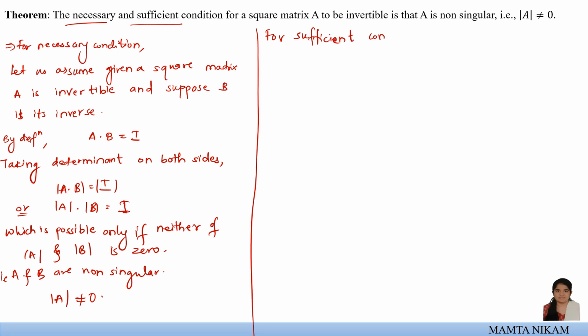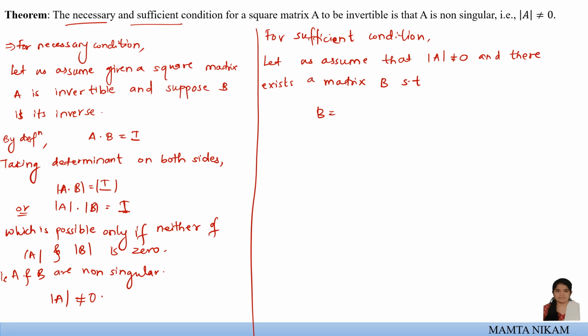For sufficient condition, let us assume that determinant of A is not equal to 0. ये हम assume करते हैं, and there exists a matrix B such that B is equals to 1 upon determinant of A into adjoint of A. ये हम assume करते हैं.